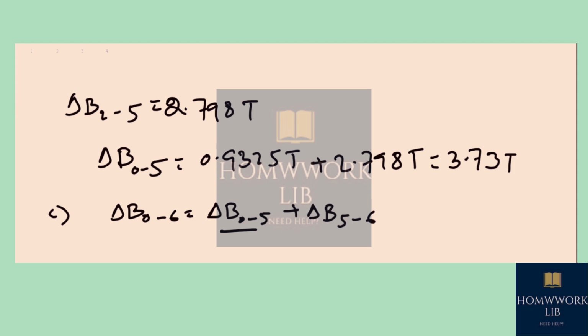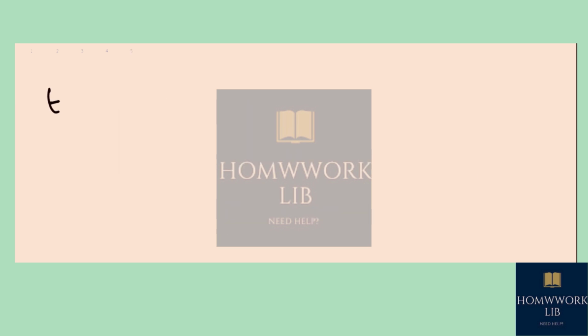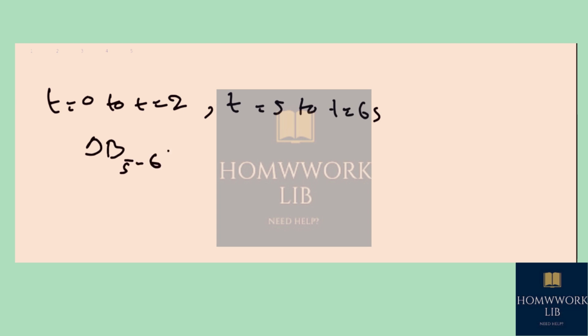We see from the graph that the area under the curve from t equal to 0 to t equal to 2 seconds is twice the area under the curve from t equal to 5 to t equal to 6 seconds. So dB 5 to 6 is equal to one half of dB from 0 to 2.